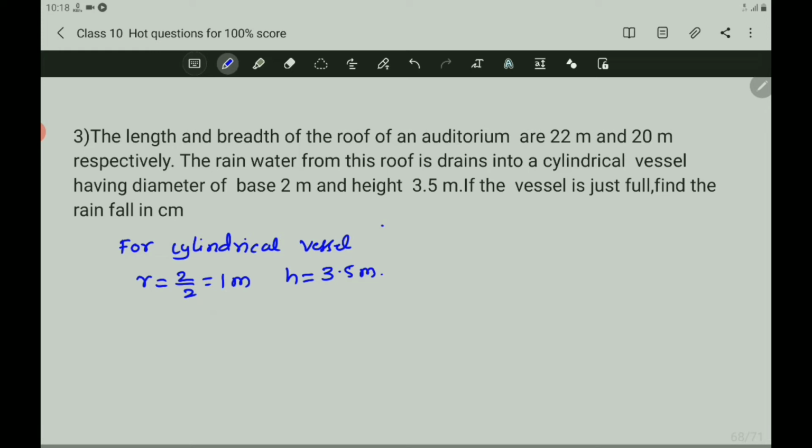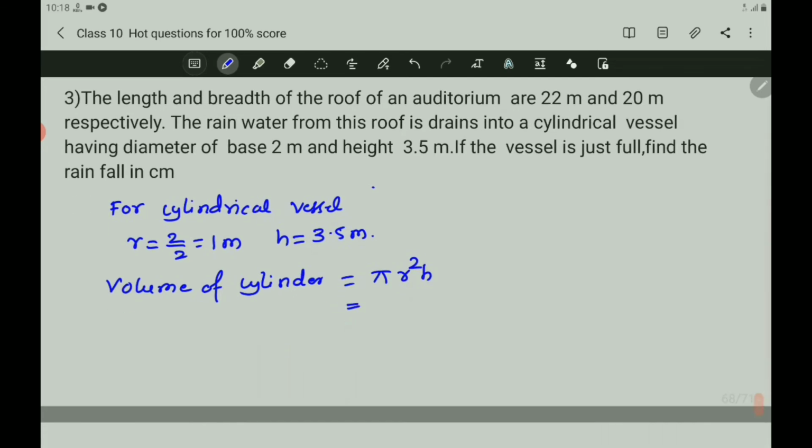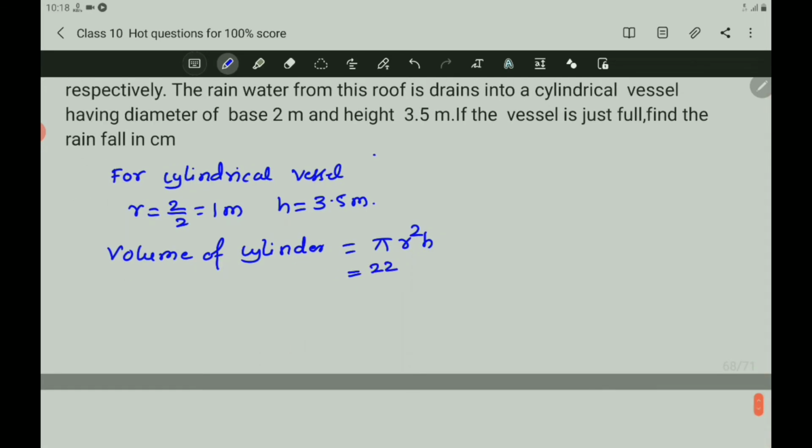Then use the formula to find the volume of cylinder. Volume of cylinder equals pi into r square into h, that equals pi value is 22 by 7 into r. R is 1. So r square means 1 square, that is 1 into 1.